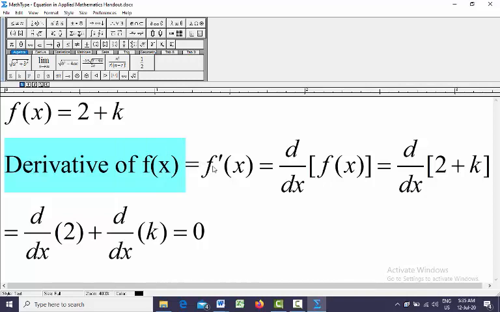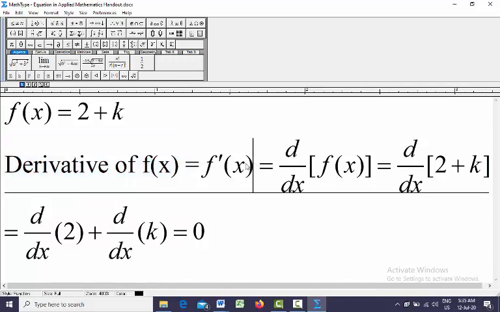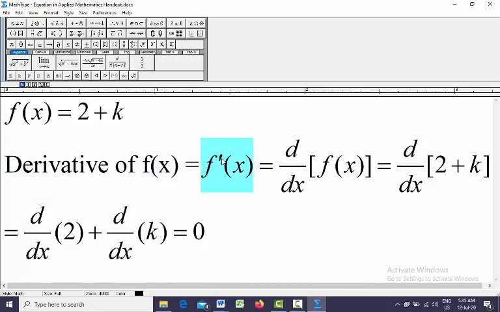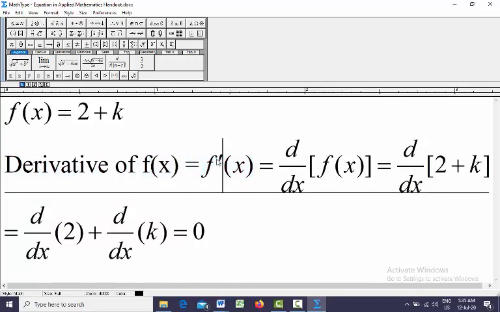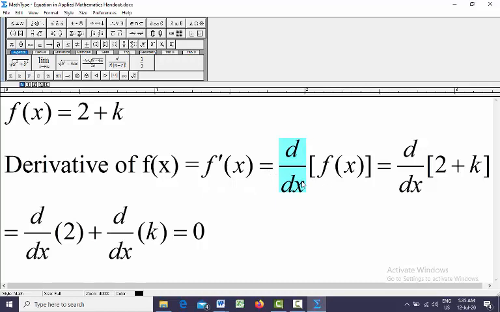When you find the derivative of f(x), it becomes f prime x. If there is only one prime, that means you need to do differentiation only one time. This is the differentiation sign.